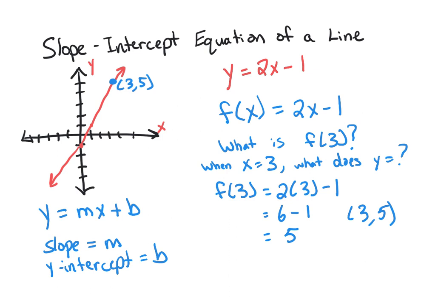In our case, for the equation y equals 2x minus 1, our slope is 2 and our y-intercept is negative 1. So we just plug those into y equals mx plus b. We leave the y equals, replace the m, leave the x and the plus, and replace the b. Let's do some more examples.